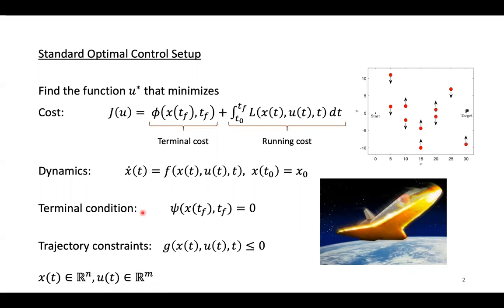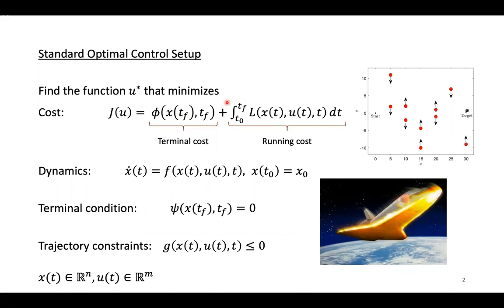So the basic optimal control problem contains a cost that you want to minimize using the optimal controller u star, and the cost has two components. One is the terminal cost, which is phi of x at tf comma tf, and tf here is the final time. That is called the terminal cost.